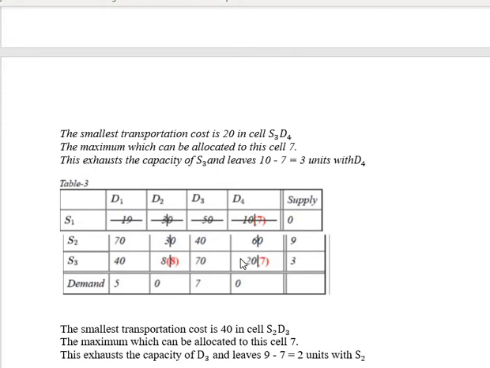From this table, see the next smallest transportation cost, which is 40, that is in the cell S2D3. Then the maximum which can be allocated to the cell is 7. This exhausts the capacity of D3 and leaves 9 minus 7 equal to 2 units with S2.